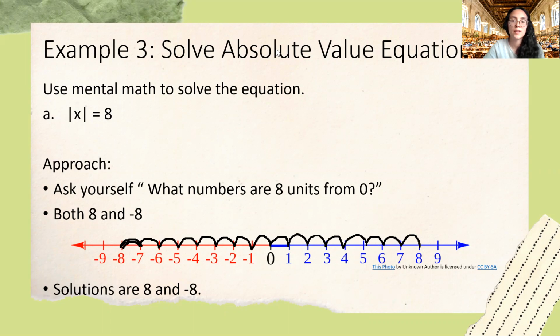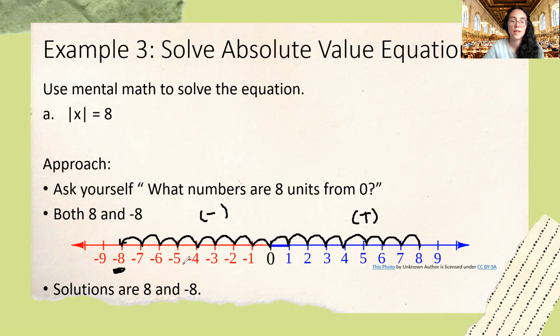Because remember we had this negative side, this positive side, and we literally just counted 8 units to the left, and our answer was negative 8 on this side. Let me go ahead and highlight that differently. So we counted 8 units from 0 in this direction to the left.